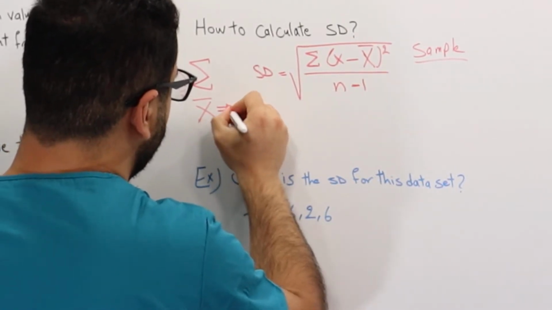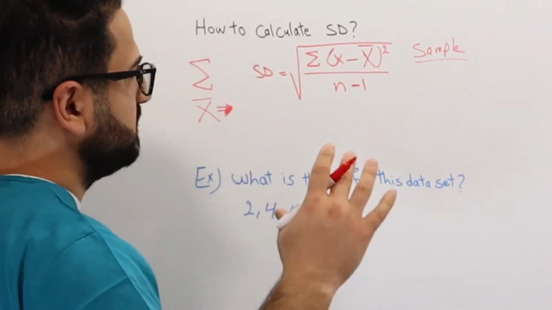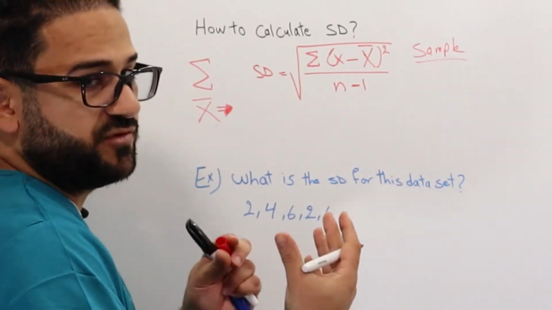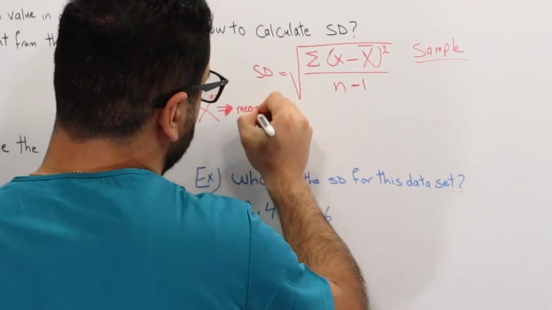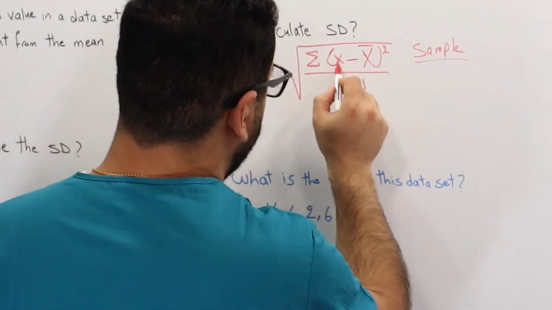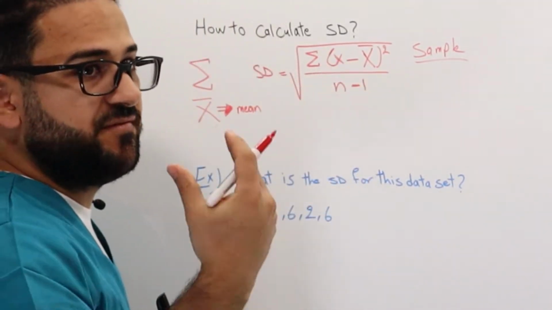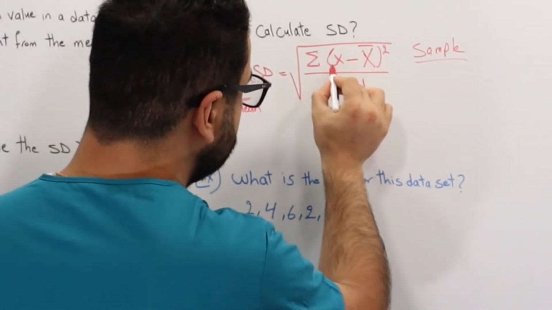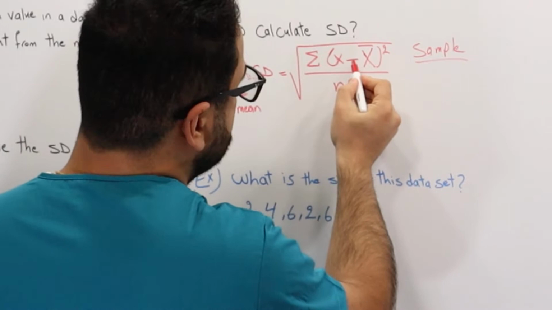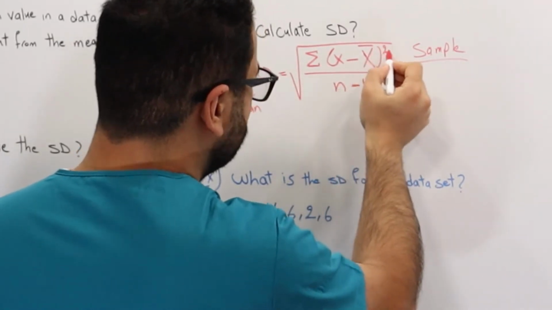We went over what the mean is and how to calculate it, which is basically the average of all values. And then the x is the value of the data point itself. So each data point is subtracted from the mean, and then squared.